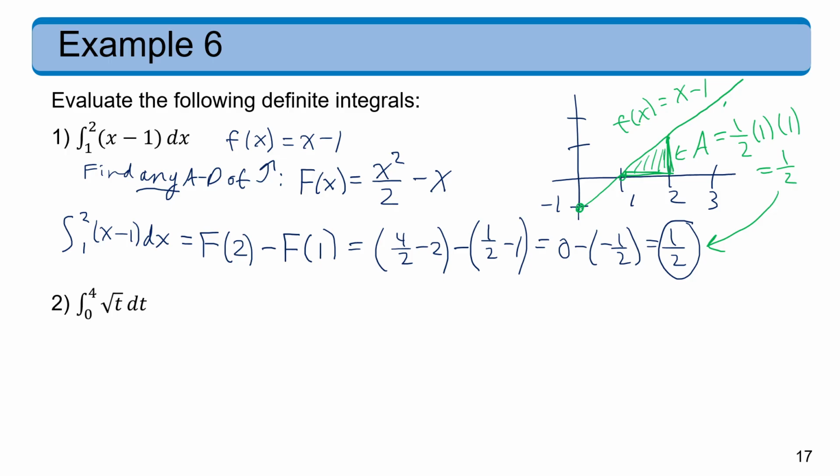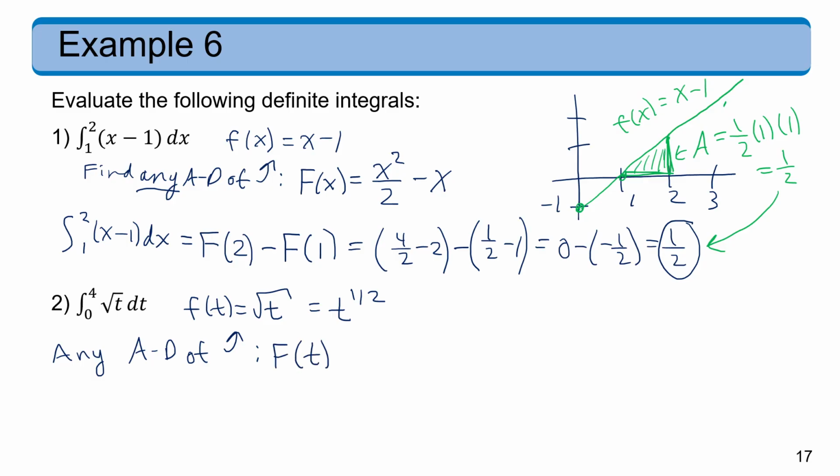This time the function we're integrating is the square root of t, so we'll call it little f of t, which is the square root of t. We know we're going to need an antiderivative, so let's rewrite the square root as a 1/2 power. Now we want to find any antiderivative of little f, and we'll call it capital F, but now it's a function of t.